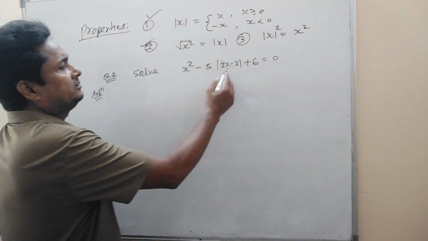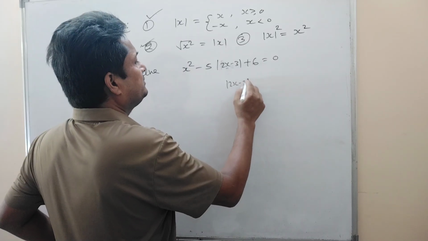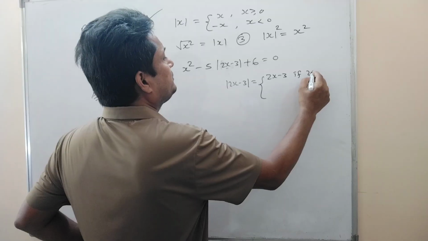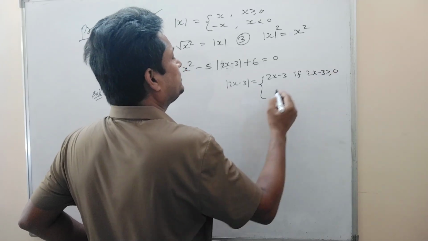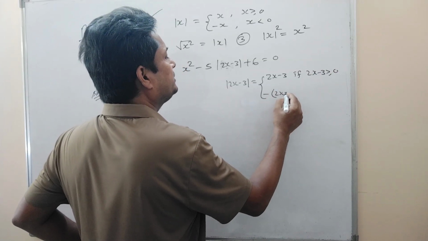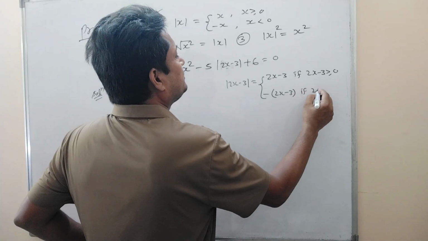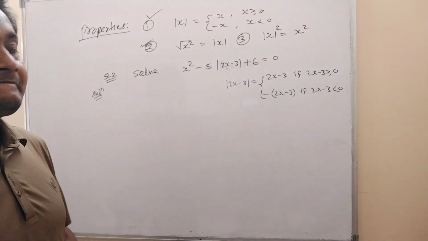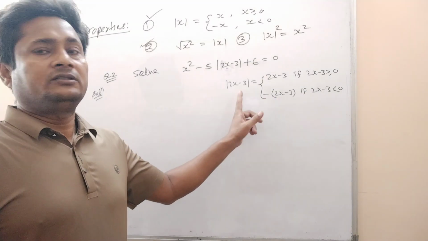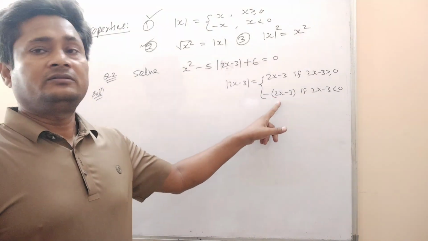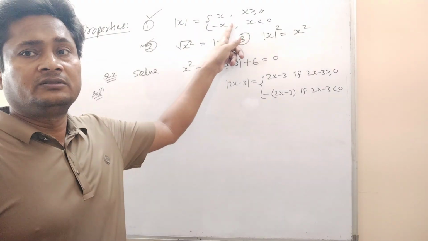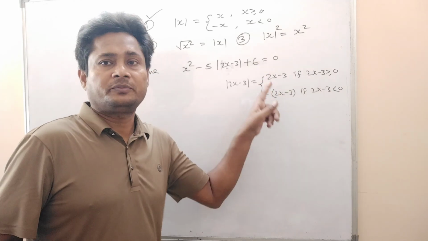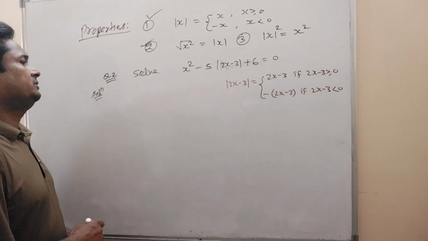Here |2x minus 3| can be written as 2x minus 3 if 2x minus 3 is greater than or equal to 0, and minus of (2x minus 3) if 2x minus 3 is less than 0. This is the modulus property, and by using this property we can solve this question.